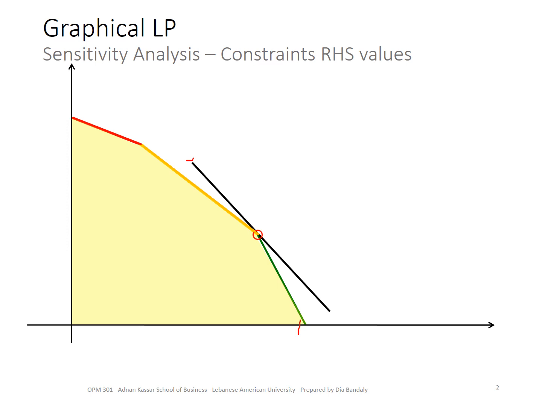Remember, this was plotted here because we had a right-hand side equal to 22, the inspection time available. So what if instead of only 22 hours of inspection time, I had 28 hours? What do you think would happen to this line graphically? Of course, it will shift to the right.